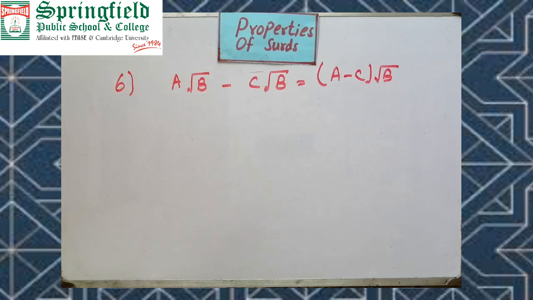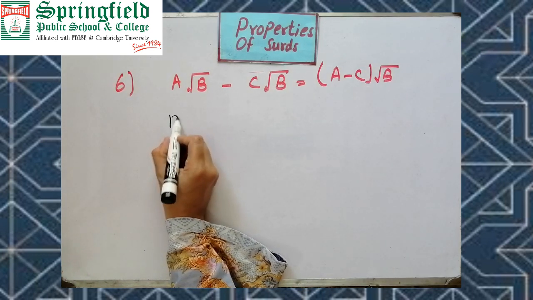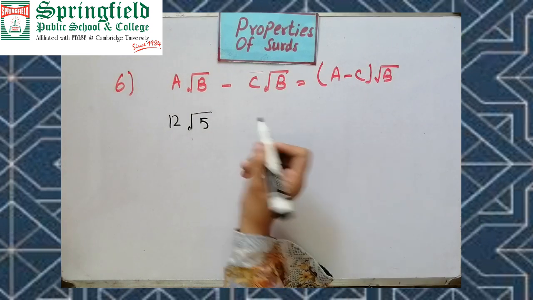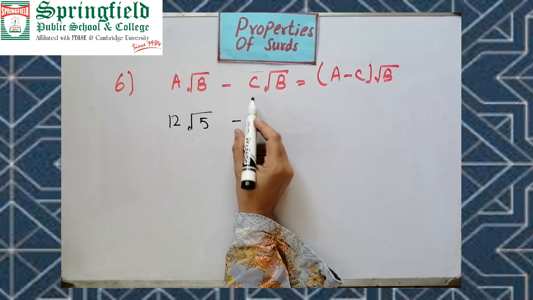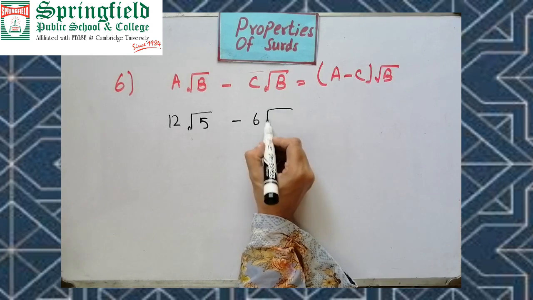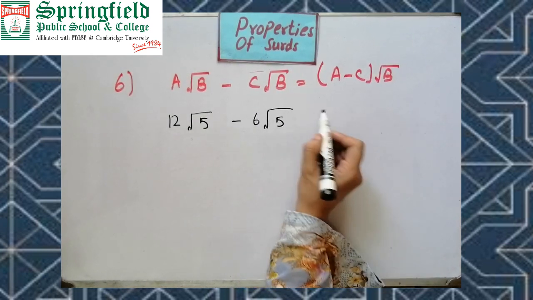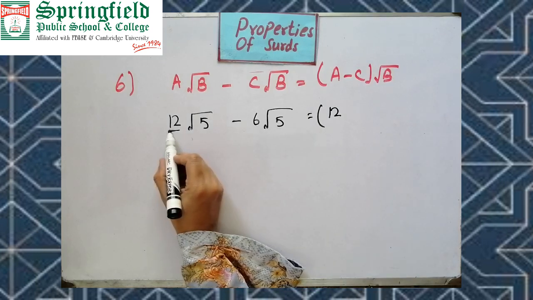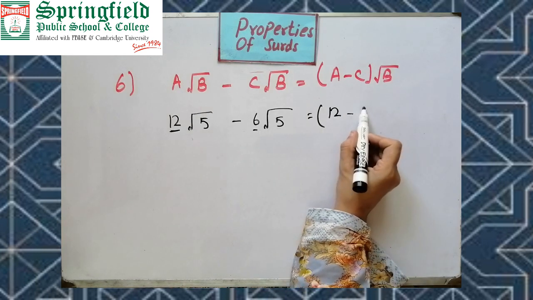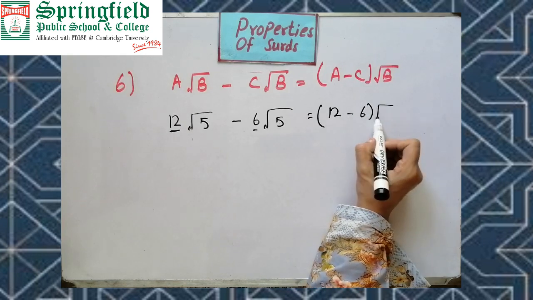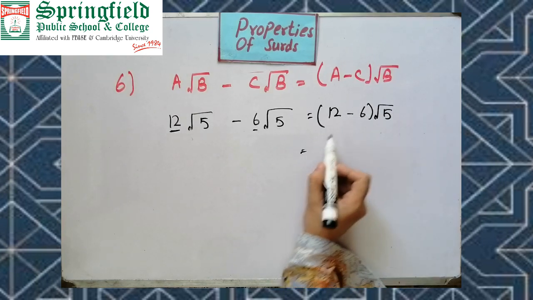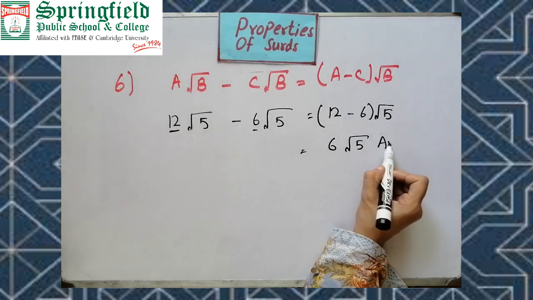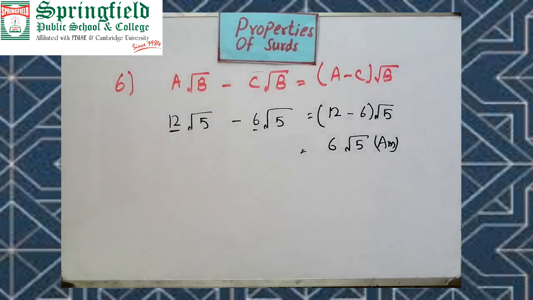So for example, let A be 12 under root 5, or 3 or 2, any third number, minus C is 6, and then B is 5 here. So 12, the coefficient, 12 minus 6, and then under root 5. So 12 minus 6, 6 under root 5. This is your final answer after simplification.